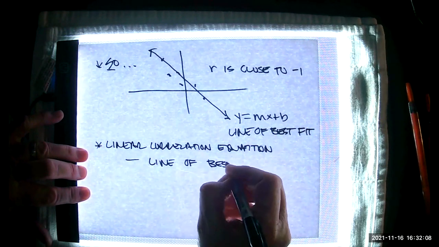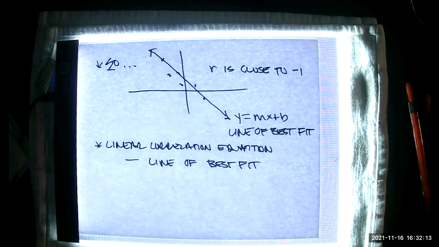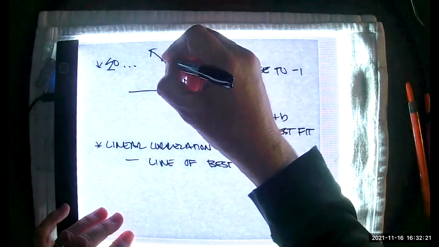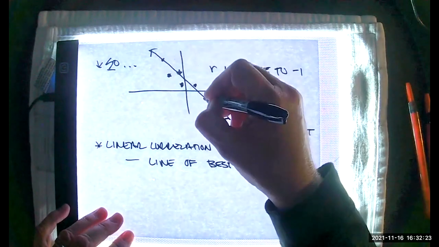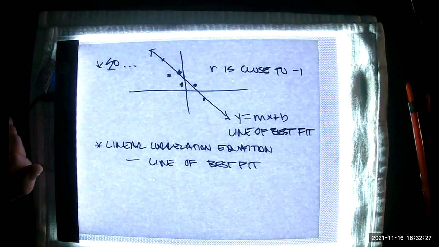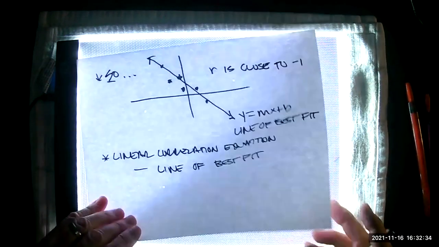And I use the term line of best fit because there's a number of lines you might draw through that forest of data points, but one of them fits the best using something we call the least squares method. And I'll talk about that tomorrow, but not tonight. So the linear correlation equation gives us our line of best fit. This one will have an R value close to -1.